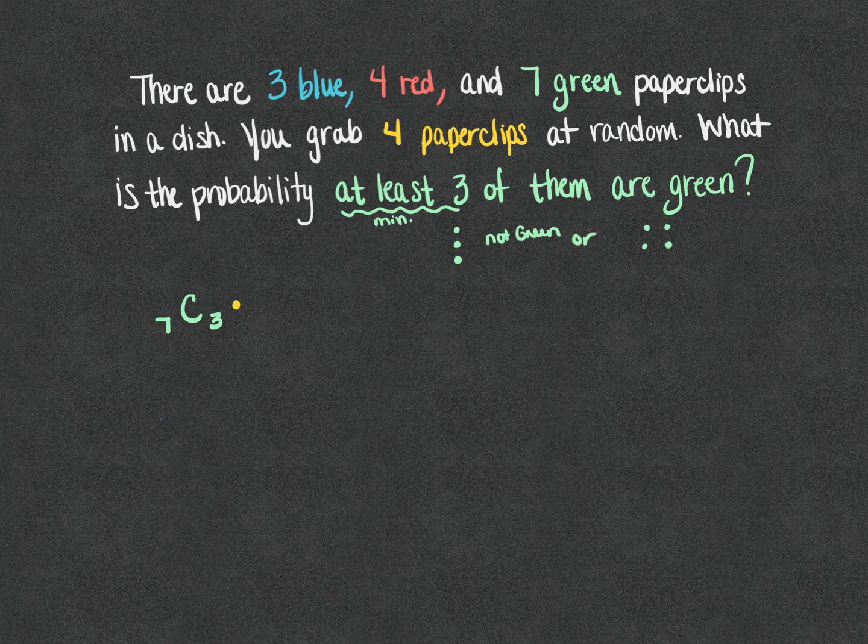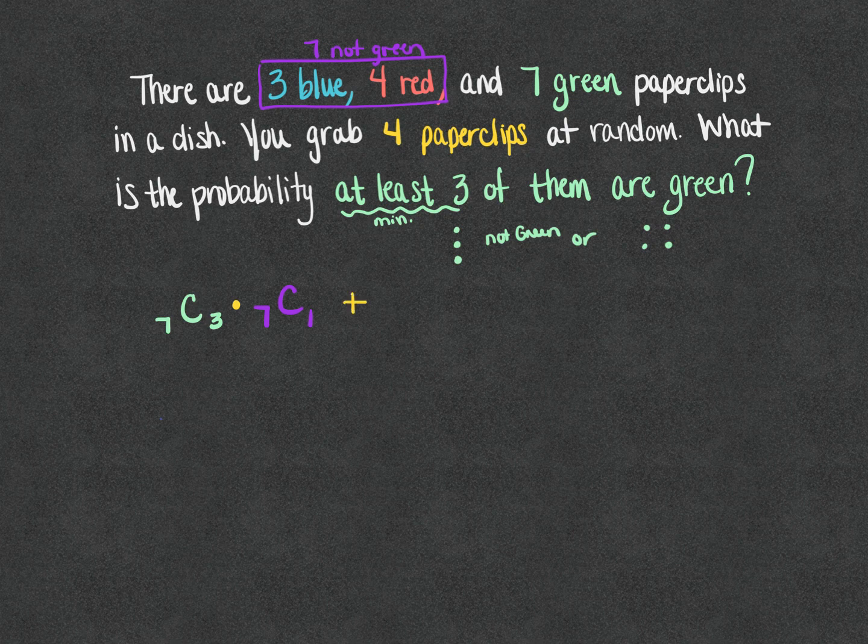Now, whenever we look at our paper clips that are not green, that's the 3 blue and the 4 red. And we don't care if they're blue or red, we just know they're not green. So that is 7 total paper clips that are not green. So we're going to use that here. 7 choose 1 that is not green.